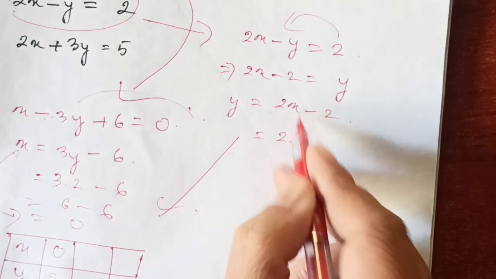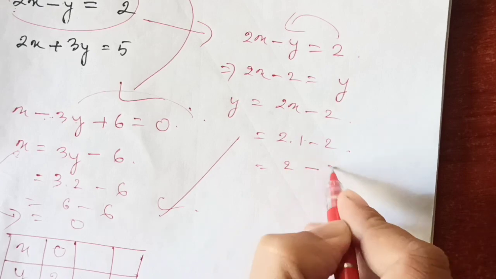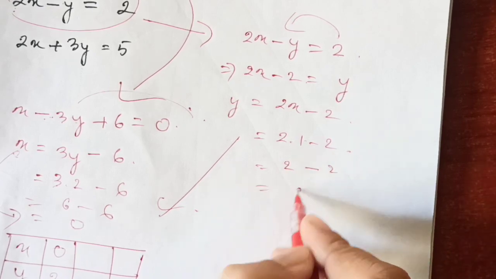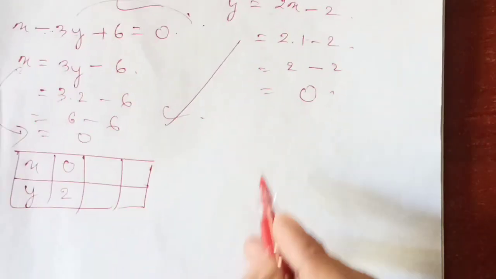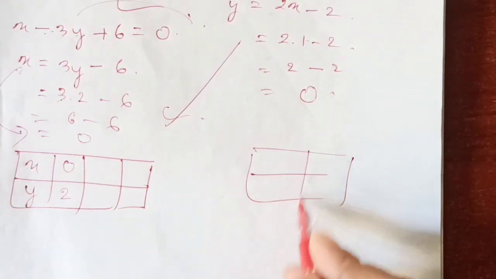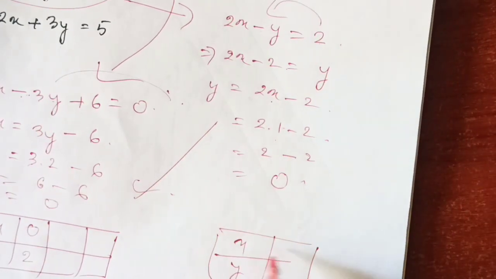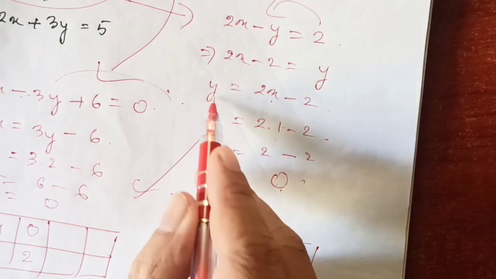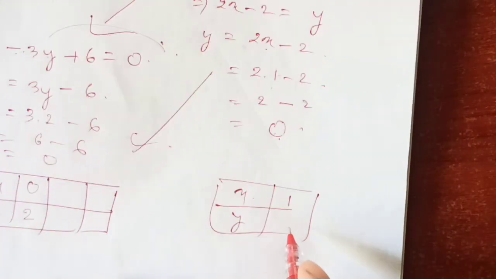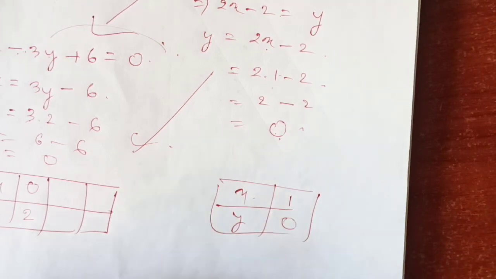For example, instead of x we put 1; 2 times 1 is 2, then 2 minus 2 is 0. If we write the table, this is x, y. Instead of x we put 1, and at last we get y value 0, so we write 0 here.